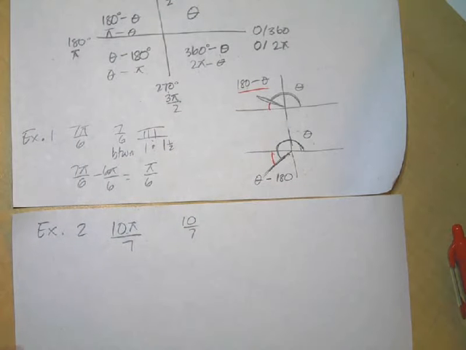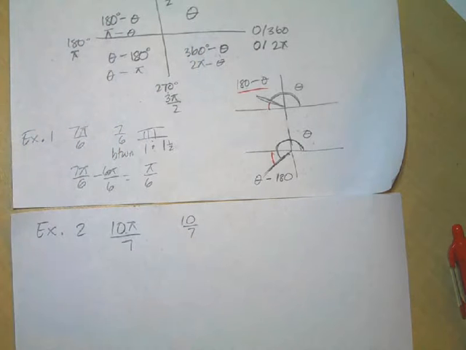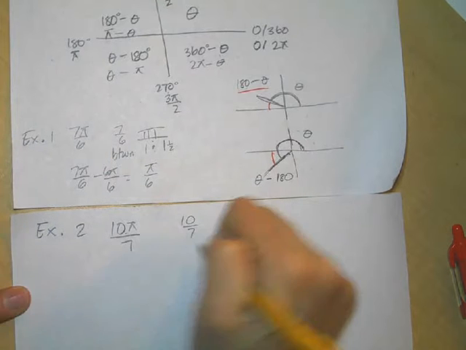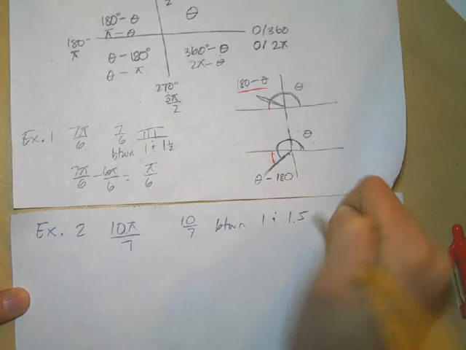Is 10 sevenths greater than 2? No, so I'm fine. I don't need to subtract 2 off. Is it greater than 1? Yes, so I know that it's either in the third or the fourth quadrant. Is it greater than 1 1/2? No, because 1 1/2 would be 10.5. So it's in quadrant 3, because it's between 1 and 1 1/2.